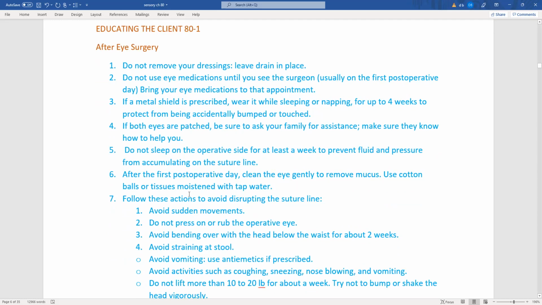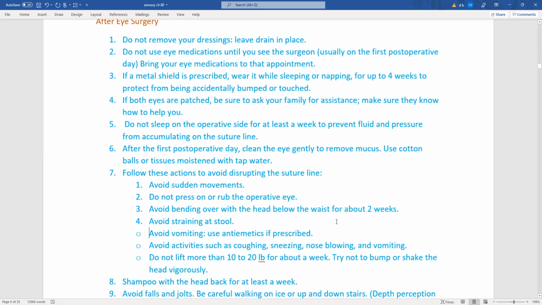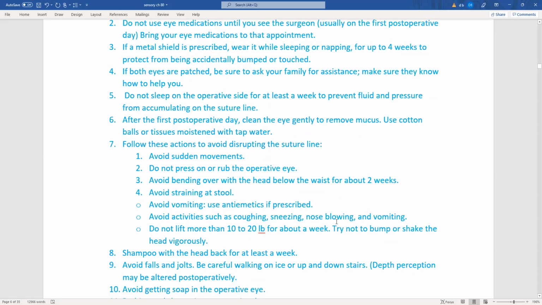Use cotton balls or tissue moistened with tap water. Follow these actions to avoid disrupting the suture line. You're going to avoid sudden movement. Do not press on or rub the operative eye. Avoid bending over with the head below the waist for about 2 weeks.